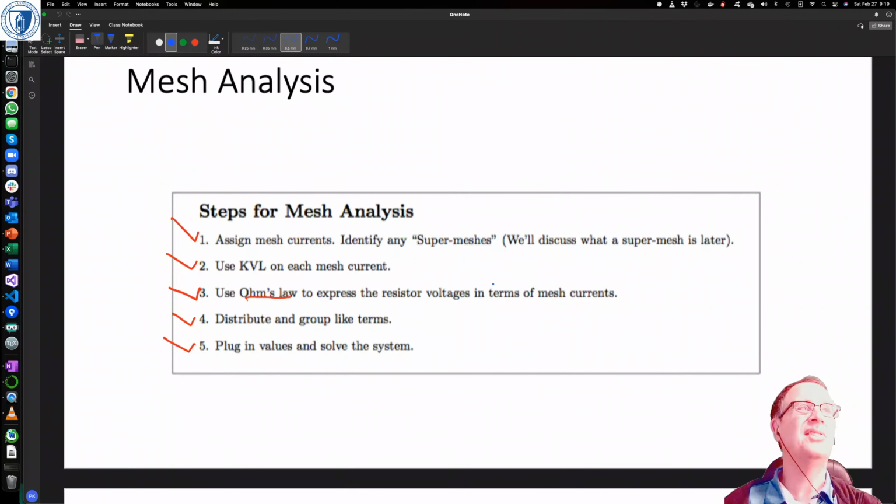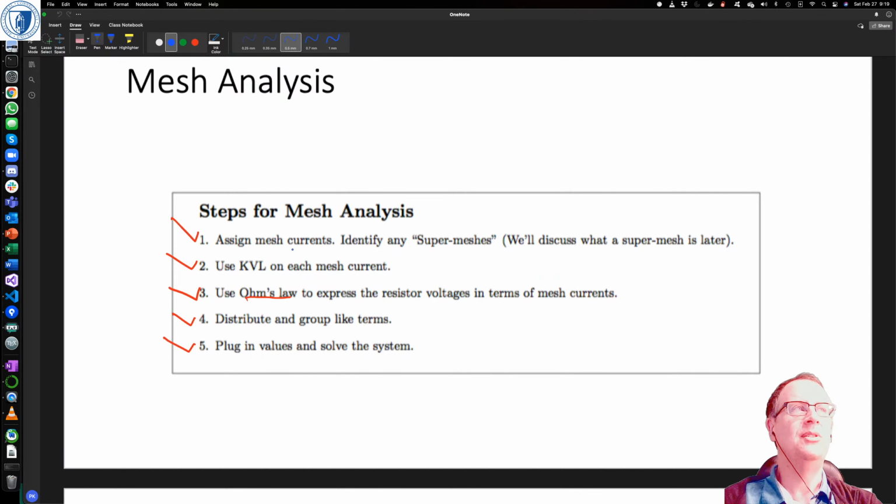An algorithm is just a sequence of steps that you've got to take, right? And the first one is, once you've got a circuit, you assign the mesh currents. And by assign the mesh currents, there's a few things you've got to remember.